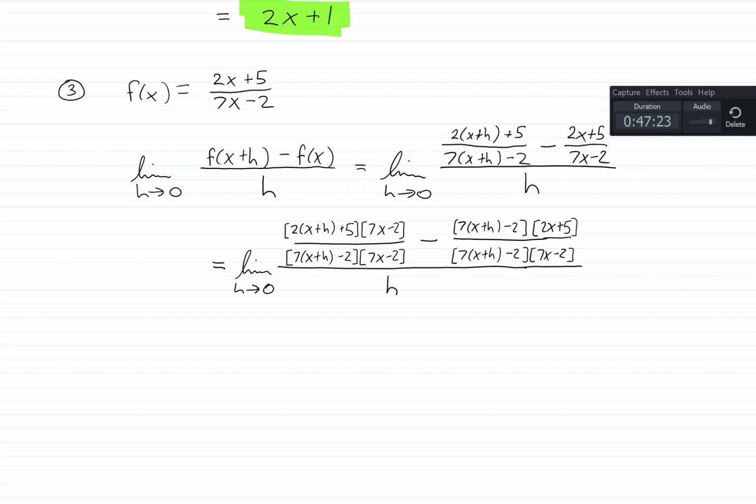You agree with that? It's just doing algebra with fractions. Okay? And now it's just a matter of multiplying that all out to see what we have. Okay? So I'm going to just multiply that stuff all out.